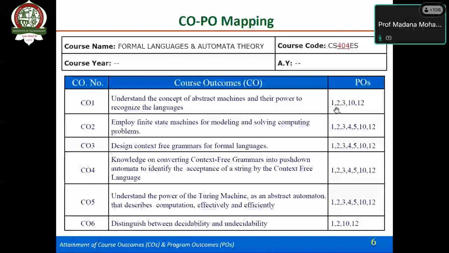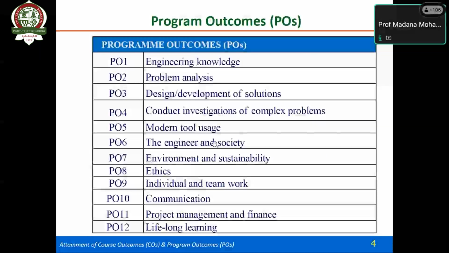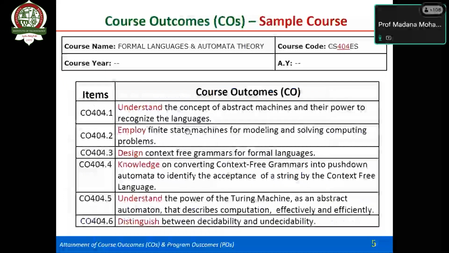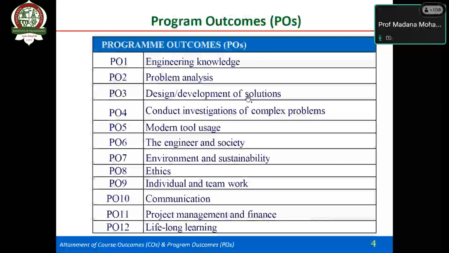Then coming to PO2, problem analysis. Again, mathematical and engineering knowledge is involved. Compulsorily, we have to analyze the problem. That's why PO2 is also related. Then coming to PO3, design and development of solutions. Wherever we have a problem, you have to provide or develop a solution to solve that particular problem.